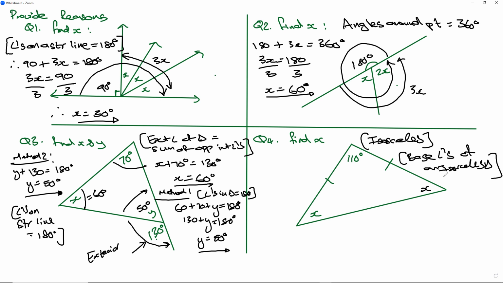And then the last reason is angles in a triangle add up to 180 degrees. And so therefore 110 plus 2x equals 180. And so 2x equals 70. And therefore x equals 35 degrees.